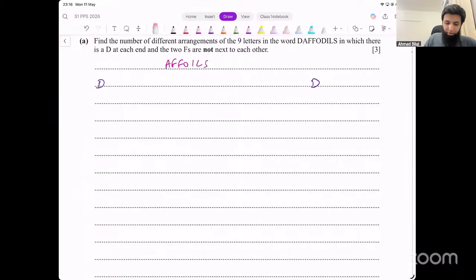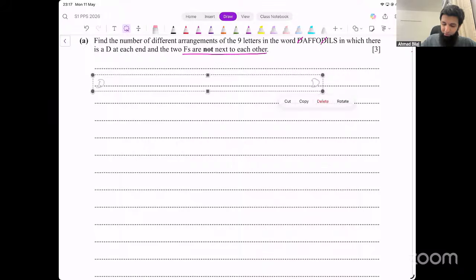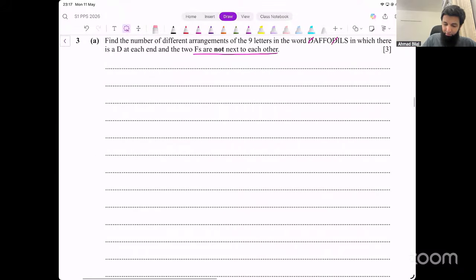Let me do it using the dashes and stars method. So apart from the Ds, we are left with the other 7 letters. What we can do is say the Fs are supposed to be separated, they should not be next to each other. So for the two Fs, let's use stars, since they are the ones we need to separate.